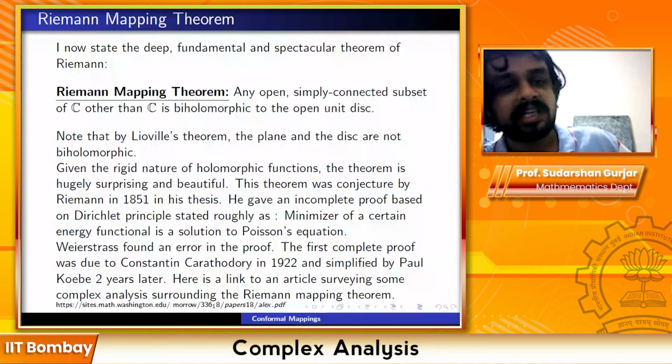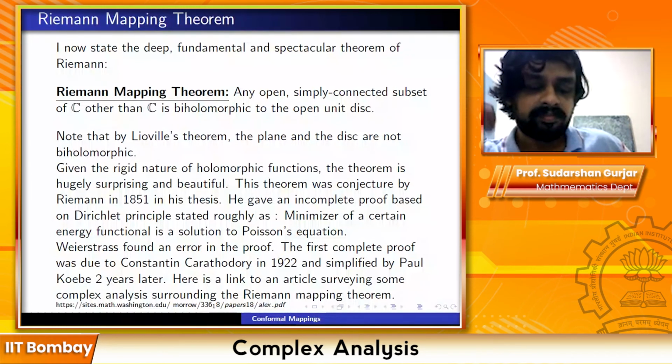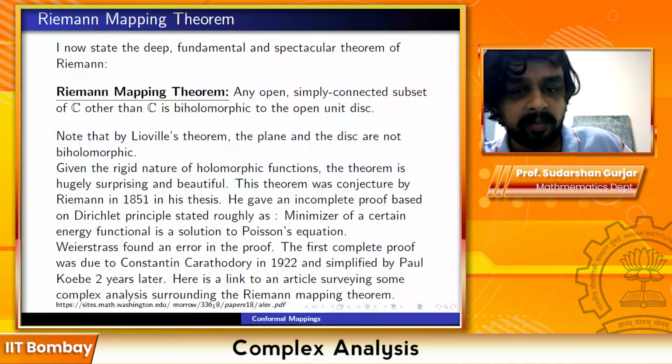I've not tried to understand this. So Weierstrass found an error in the proof, and the first complete proof was due to Carathéodory in 1922 and simplified by Koebe 2 years later.